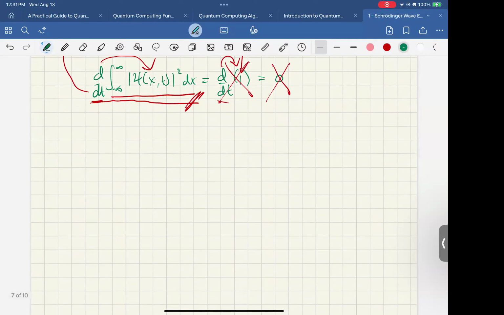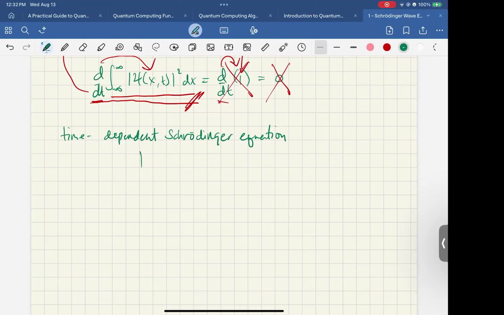So how do we prove that? So we start with the time dependent Schrödinger equation.